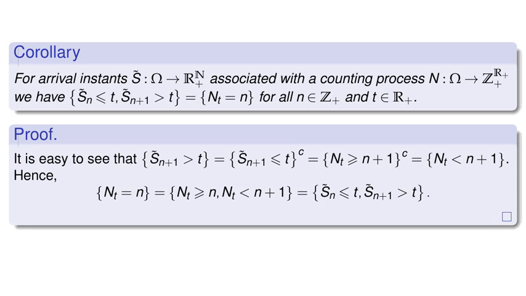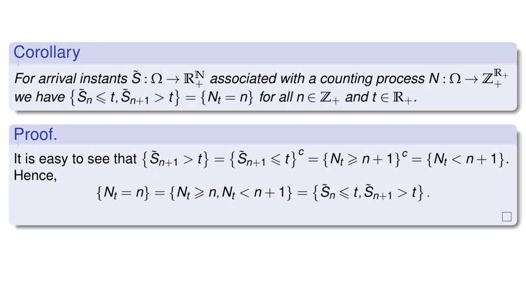The proof is straightforward. The event S tilde n plus 1 is greater than t is the complement of S tilde n plus 1 is less than or equal to t. Using our previous lemma, this is the complement of N t is greater than or equal to n plus 1, which is simply N t is less than n plus 1.